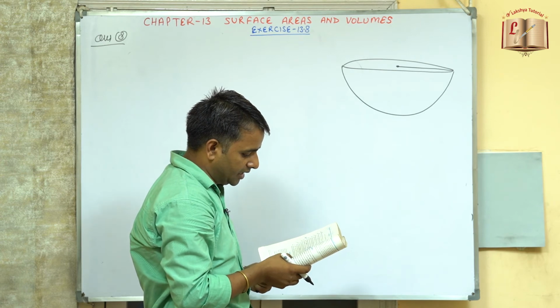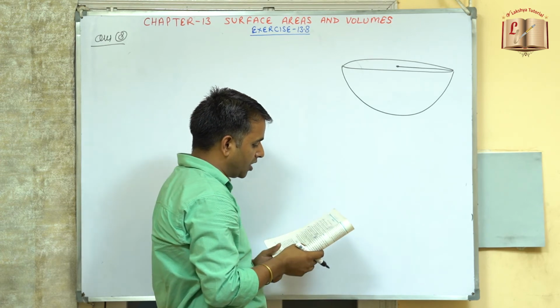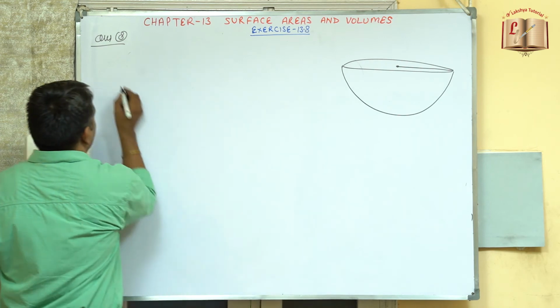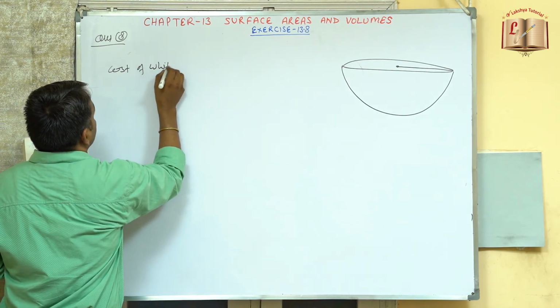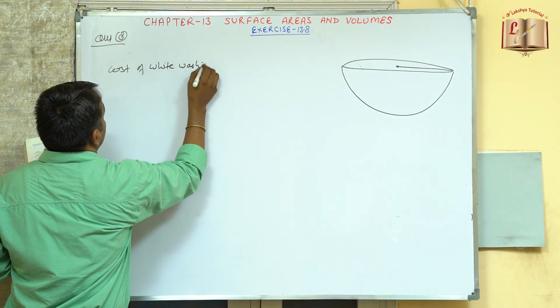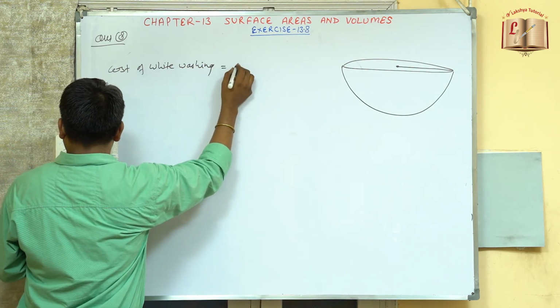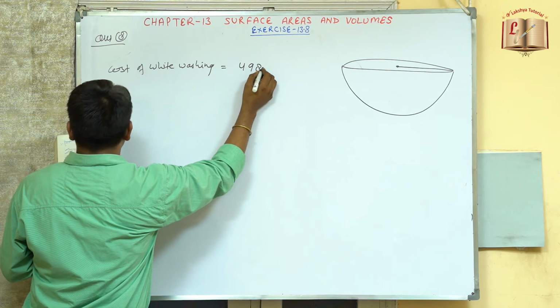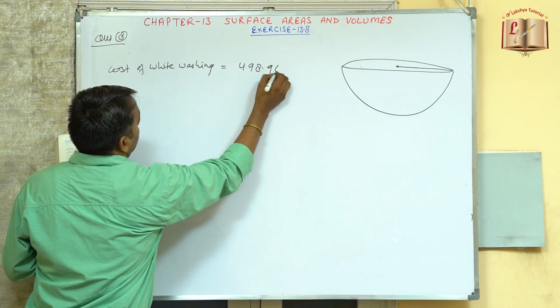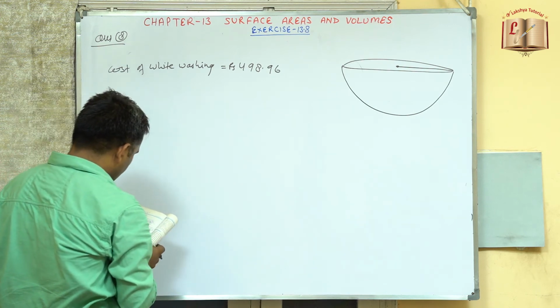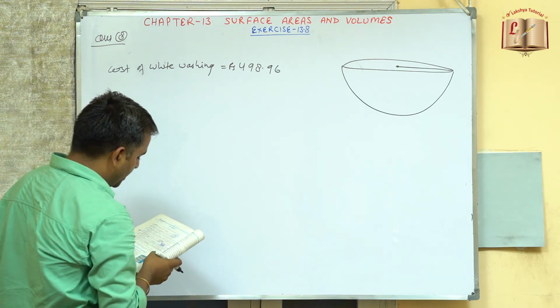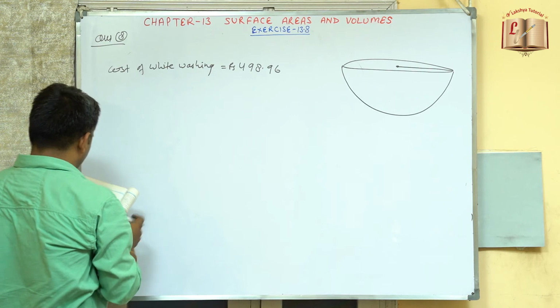From inside it was whitewashed at a cost, the cost of whitewashing, which is given as 498.96 rupees. If the cost of the whitewash was 2 rupees per square meter, find the inside surface area.